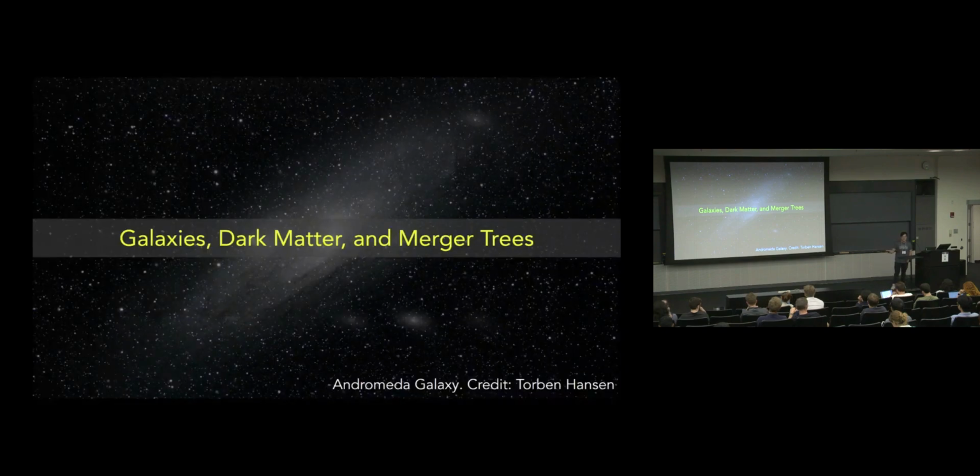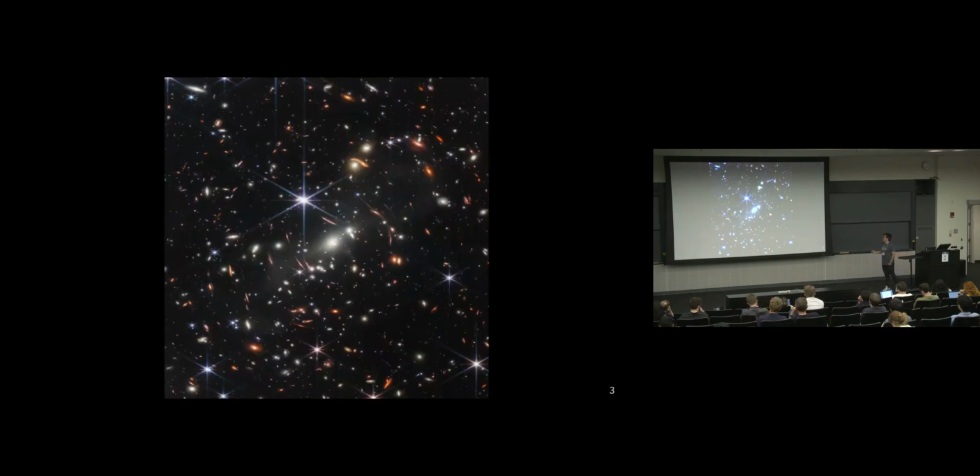As with all astrophysics talks, I want to start with talking about galaxies, dark matter, all the components of galaxy formation, and especially start with the very beautiful pictures. So these are pictures of the JWST deep field. In this picture, you can see many galaxies. But if you ask a lot of people what are the most interesting galaxies in these pictures, a lot of them will tell you that these are the red galaxies.